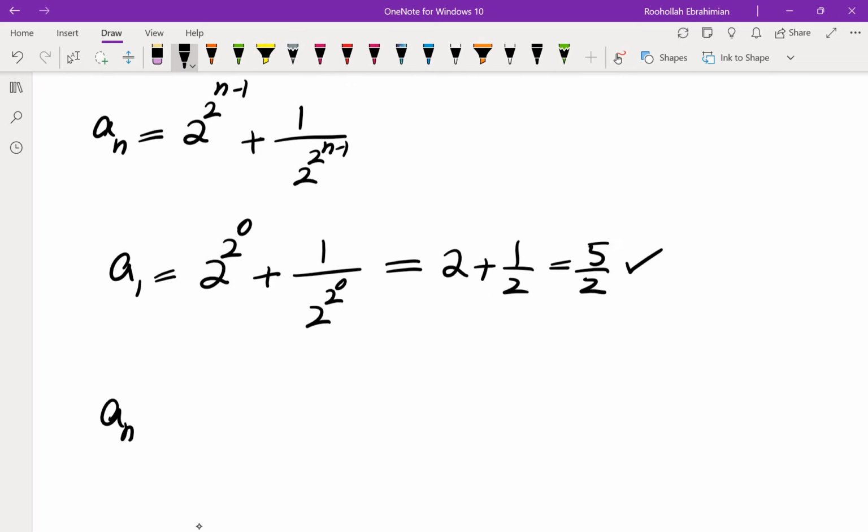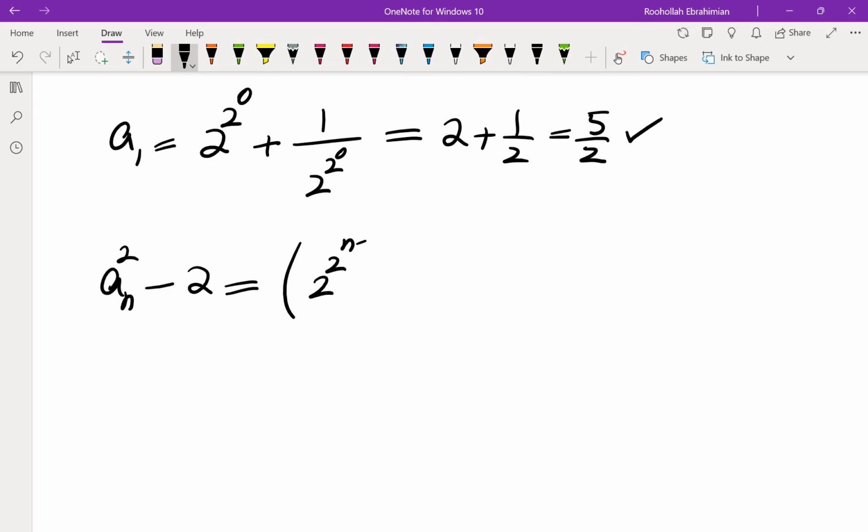Now let's take a_n and square that and then subtract 2 to see what we get. So we'll have to take 2 to the power of 2 to the power of n minus 1 plus 1 over 2 to the power of 2 to the power of n minus 1, square that and then subtract 2. The first one squared gives you 2 to the power of 2 to the power of n.